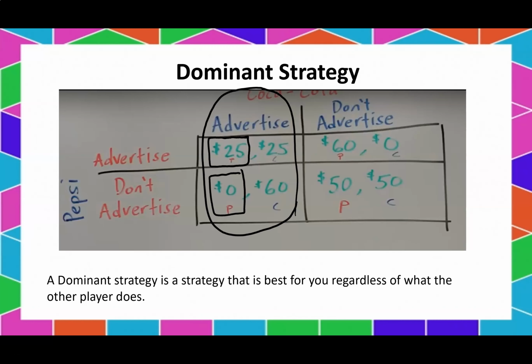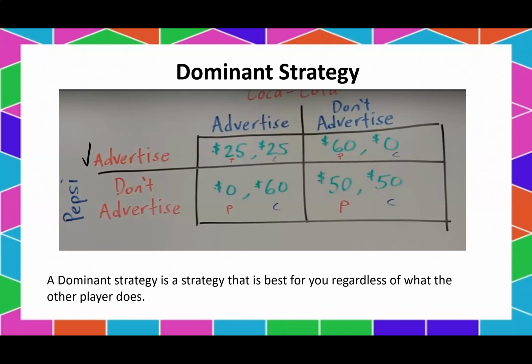Which one is better for Pepsi if Coke chooses advertise? Well, it's going to be best for Pepsi to advertise, right? Because $25 is better than $0. So I want to put a check next to advertise. That means that if Coke advertises, it is best for Pepsi to advertise.